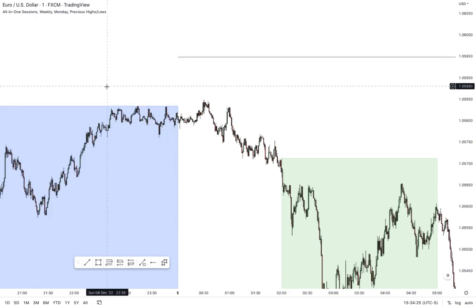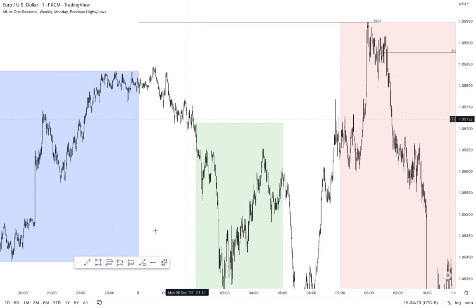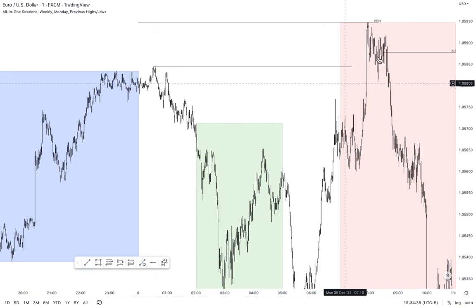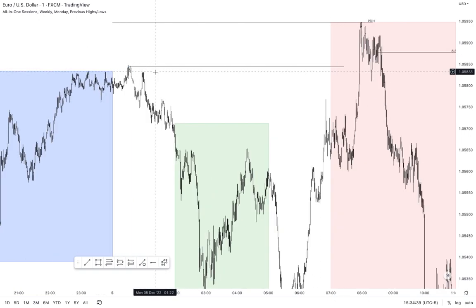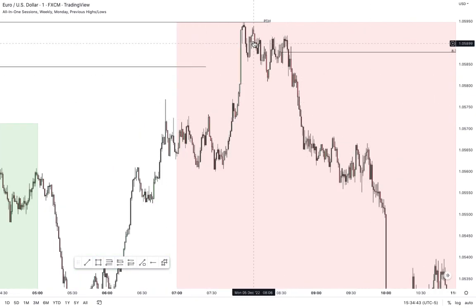So the day's high till this point was this one, right? So this is what your target is going to be, and once we set our day's high, we would be waiting for our selling entries.